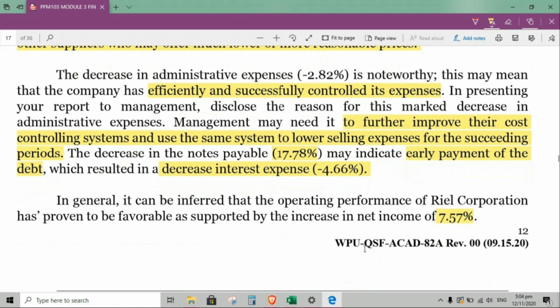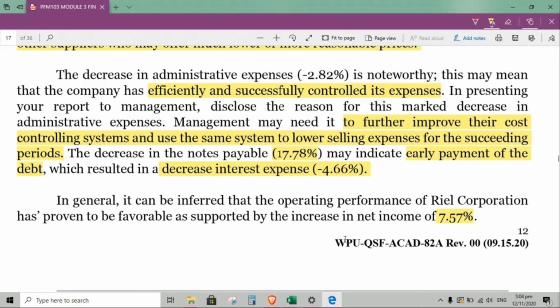Diba? So, ibig sabihin, maganda yung operating performance ni Real Corporation. So, that is how you interpret the horizontal analysis or the comparative financial statement analysis of an income statement and a balance sheet.